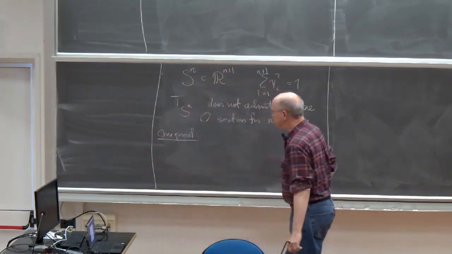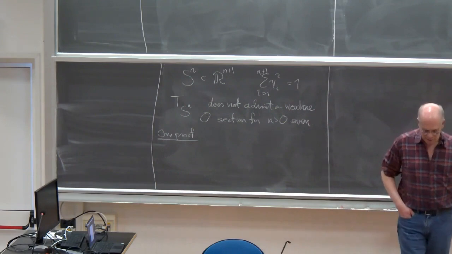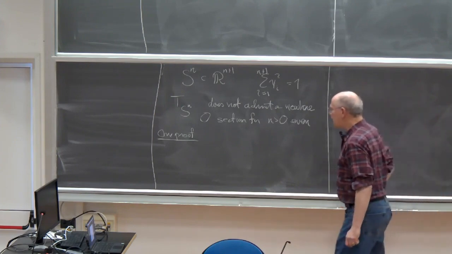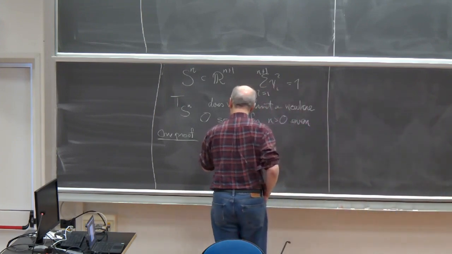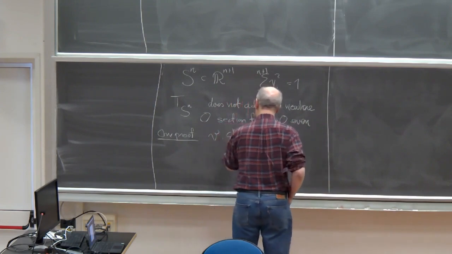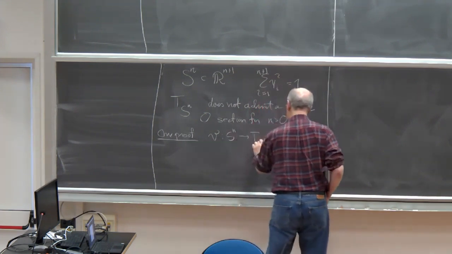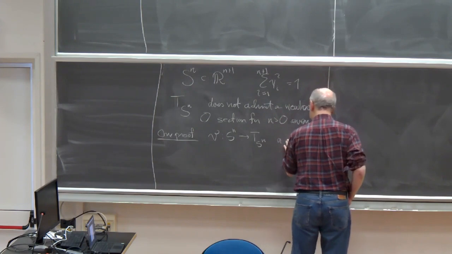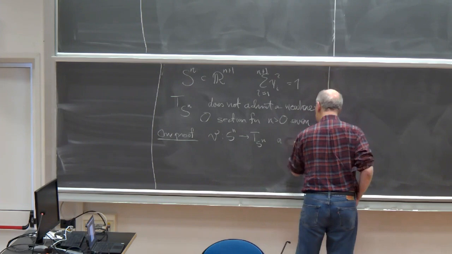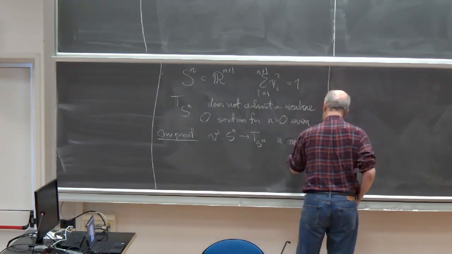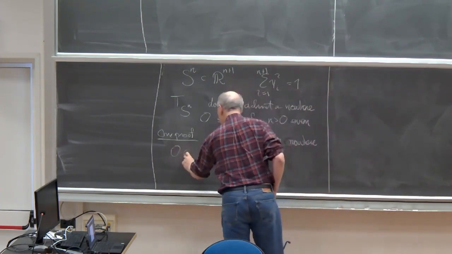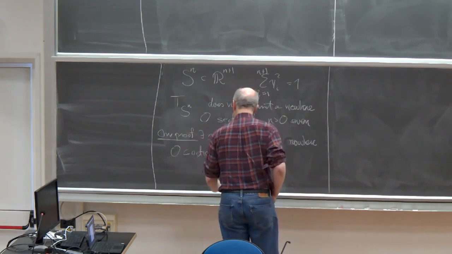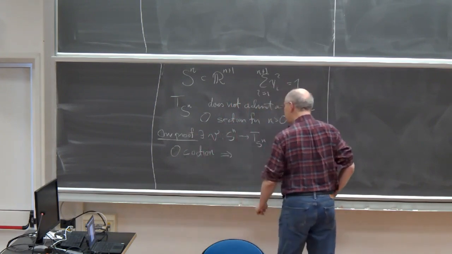is, if it did have some section, nowhere zero, if there exists such a thing, then you have the theory of the Euler class.